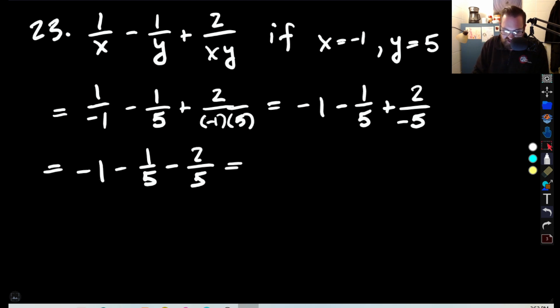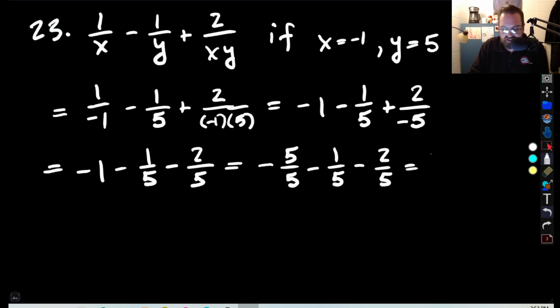So in order for us to get a common denominator with the first piece, I need to multiply that minus 1 by a 5 over 5. So in practice, this becomes a minus 5 over 5, which is the same thing as 1, minus 1/5, minus 2/5.